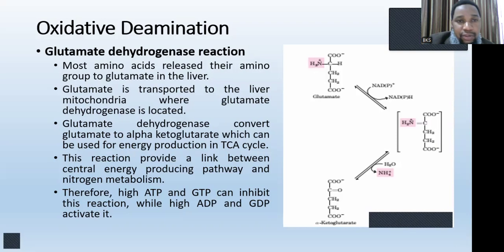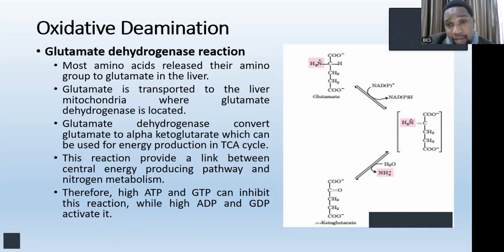The glutamate dehydrogenase is an enzyme that uses a reducing equivalent. Remember, I said glutamate can be used in synthetic and in degradative pathways. So the enzyme can use either NAD or NADPH plus H. When NAD is involved, it's mostly in degradative pathways, where energy is being produced.